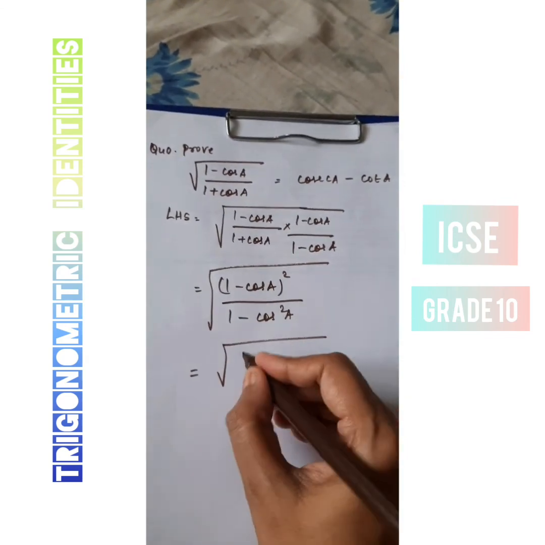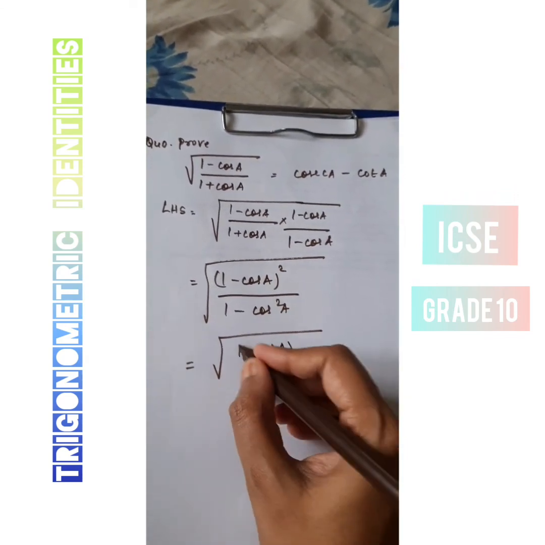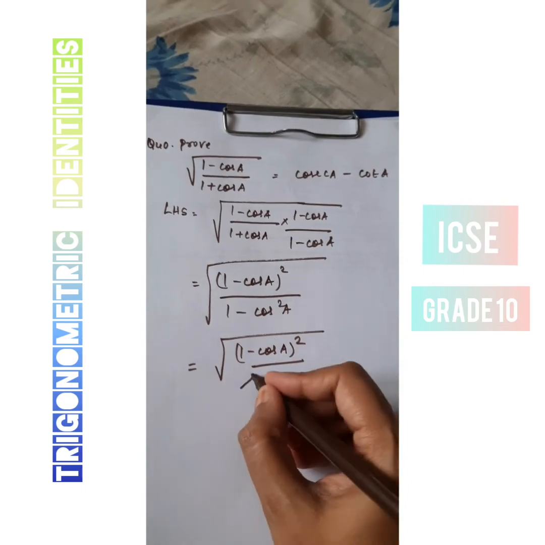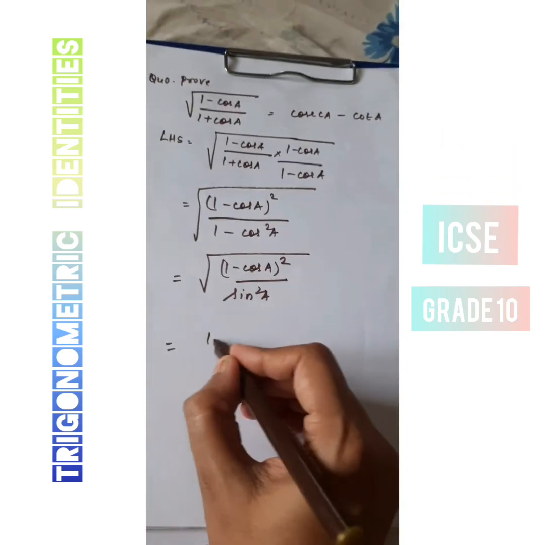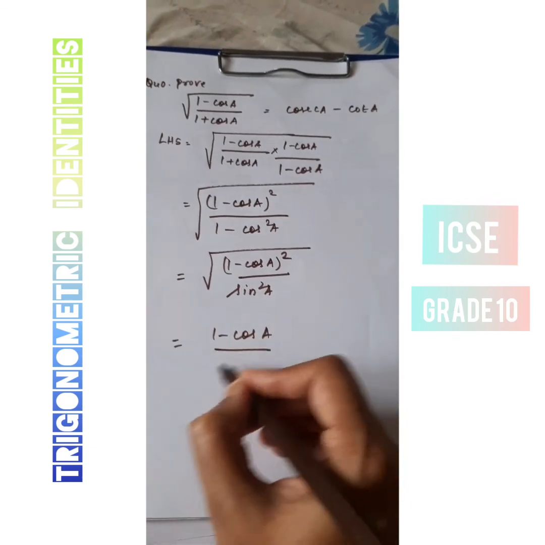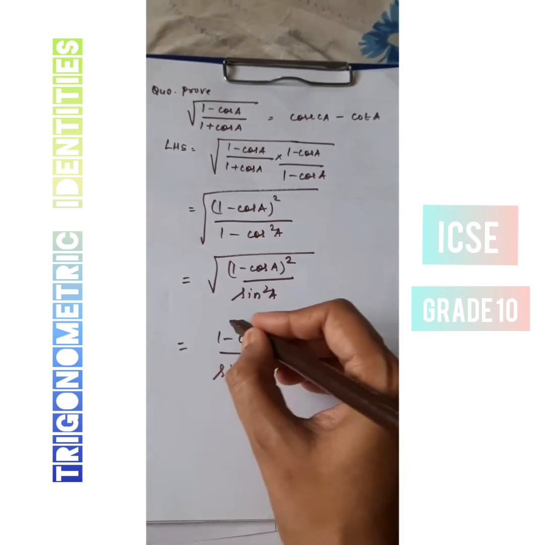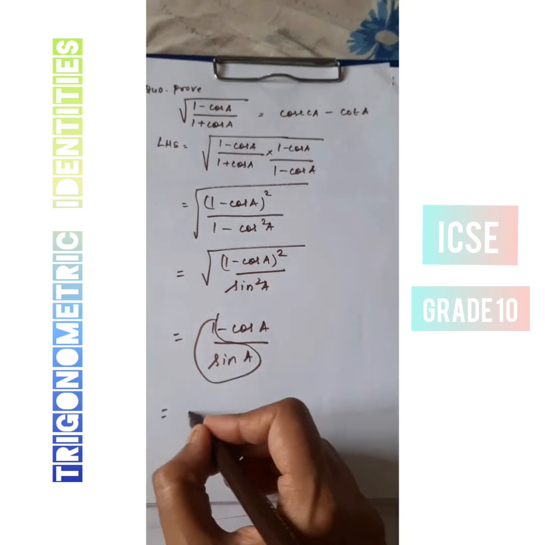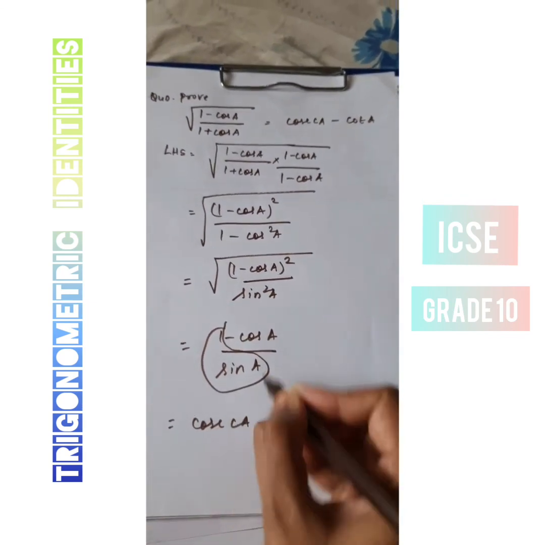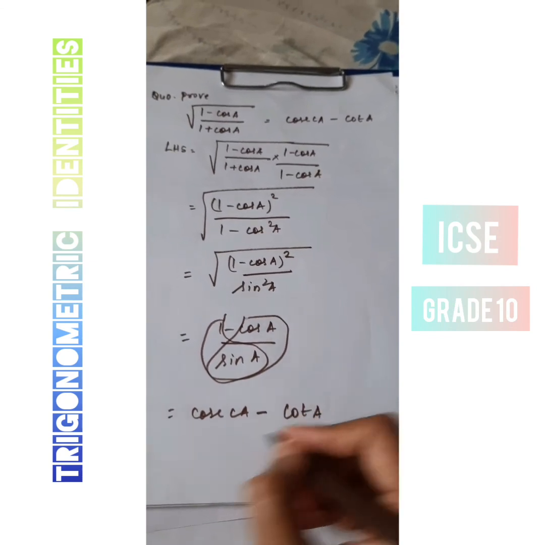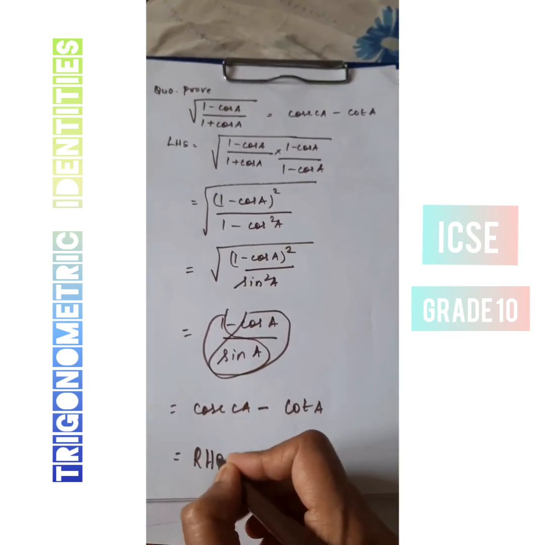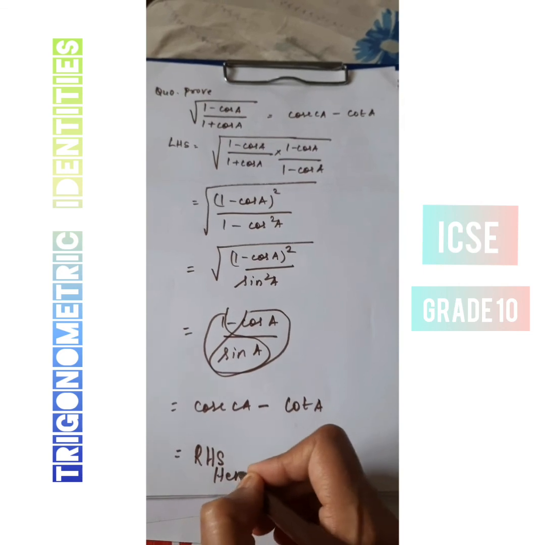So it's square root of 1 minus cos A whole square by sine square as per the trigonometric identity. So removing the square root, it becomes 1 minus cos A by sine A. 1 by sine is cosecant, as it's a reciprocal, minus cos by sine is cot. So that's the RHS, hence proved.